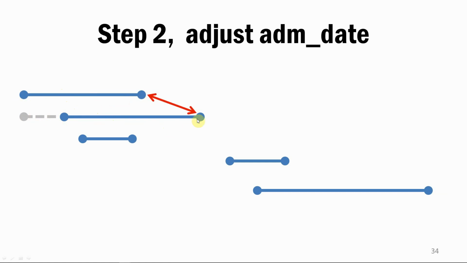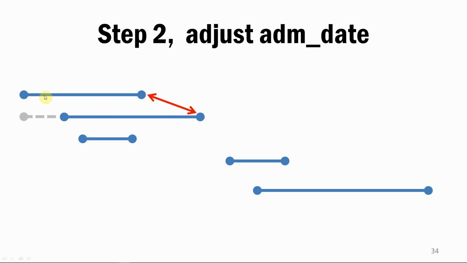The second is that we're going to check the discharge date against the discharge date of the previous record. This step is basically to check whether the discharge date is earlier than the previous one; if so, we're going to extend it. But in this case, it is not, so we're going to leave it there.